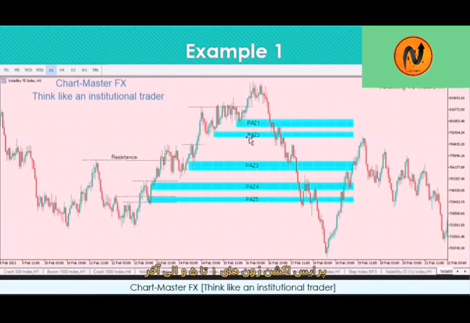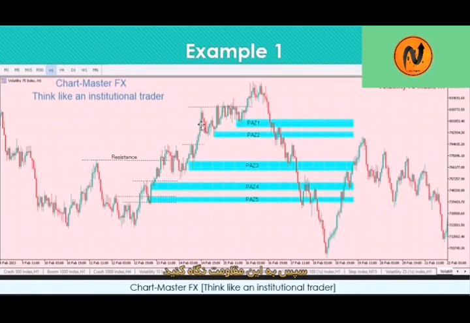So this is what happens, guys. As you can see here, you have drawn your line of resistance. What happened here is that the price went up and came down and created a higher high. So this one qualifies as a flag limit. You draw here to the low, you draw your order block kind of, which is your price action zone.